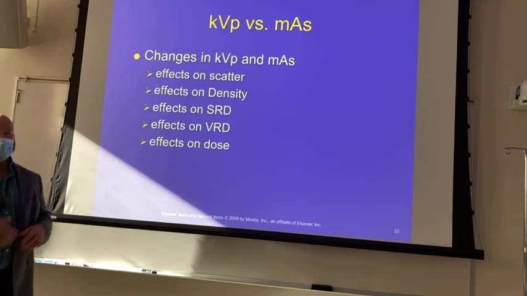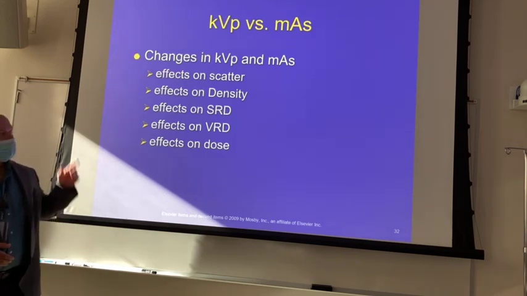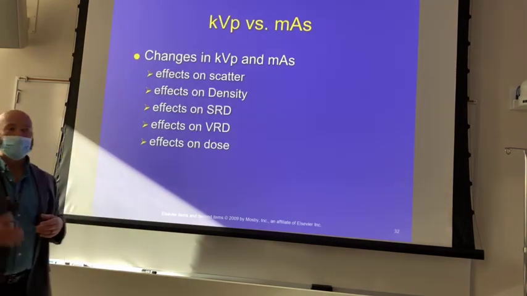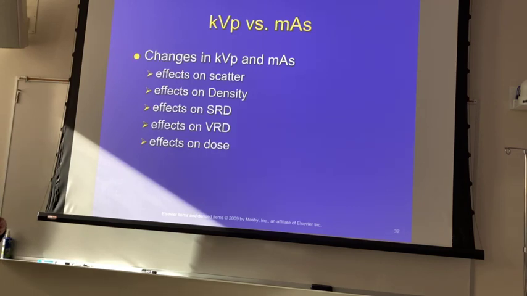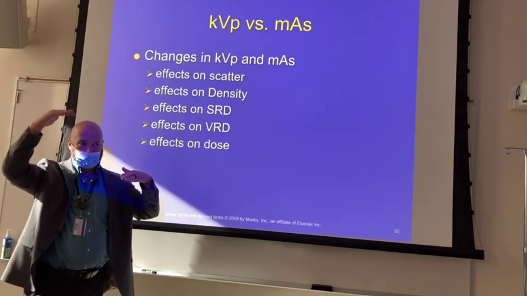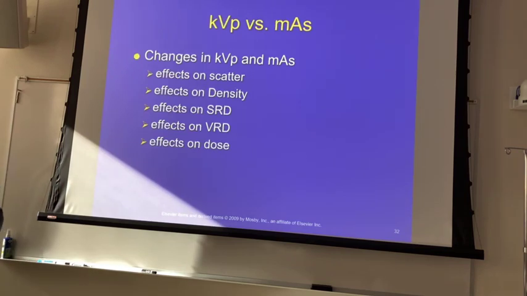Double, right? So it's exponential. 15% equals 100%, right? But mass is direct in every way. You double your mass, you double your image receptor exposure. So they go in the same direction, but with kVp, a little bit is equal to the same amount that you would have to increase in mass to double, okay?